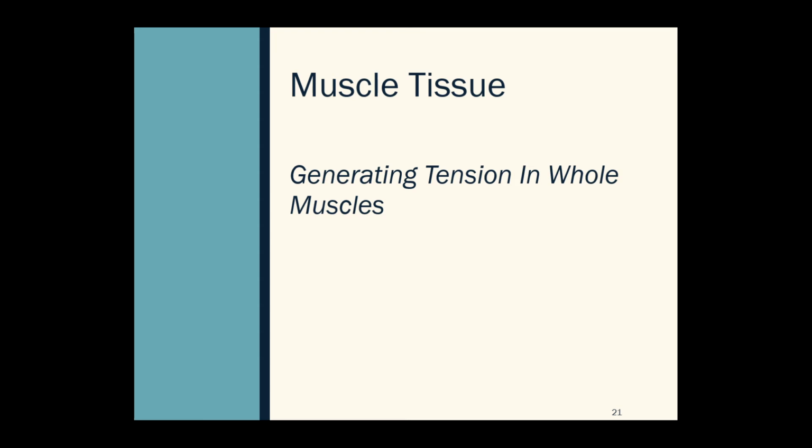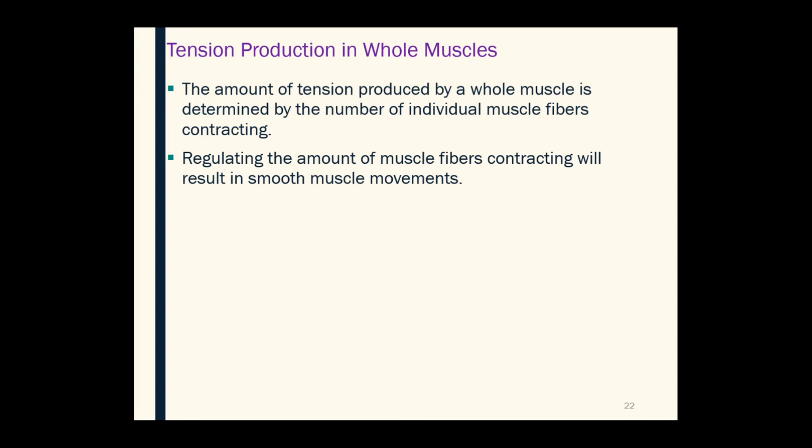In this lesson, we'll continue our discussion of muscle tissue by taking a look at how we generate tension in a whole muscle. In our previous lessons, we had looked at how we generate tension in one muscle fiber. Now we want to take that a step further, right?